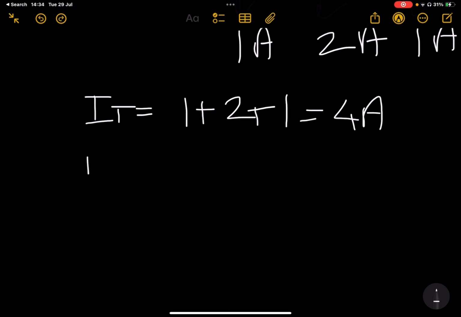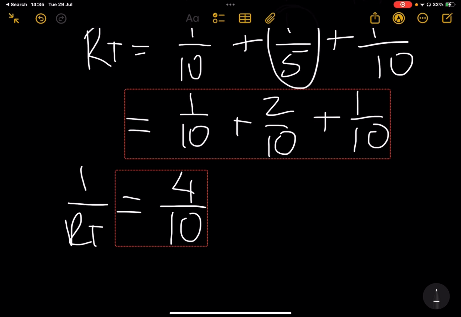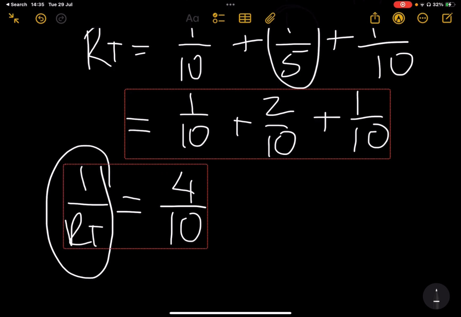Okay, so the next thing is we got to look at the total resistance seen by the battery, or seen by the circuit from the front two terminals, which will be 1 over RT equals 1 over 10 plus 1 over 5 plus 1 over 10. And let me be quite frank, the biggest thing people get wrong about the parallel formula is remembering that it's 1 over RT.